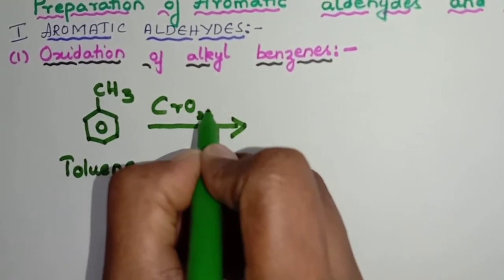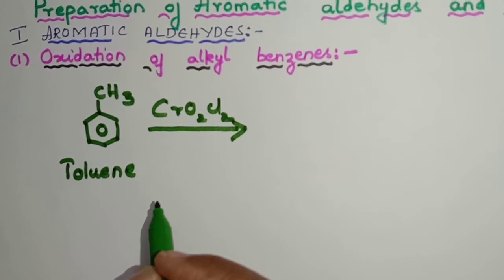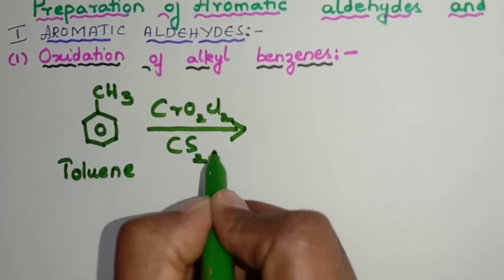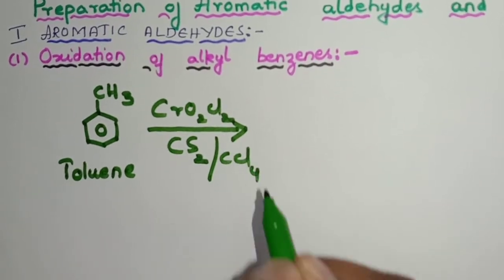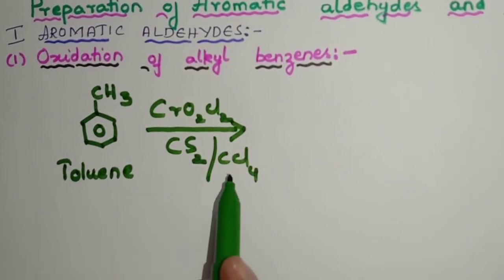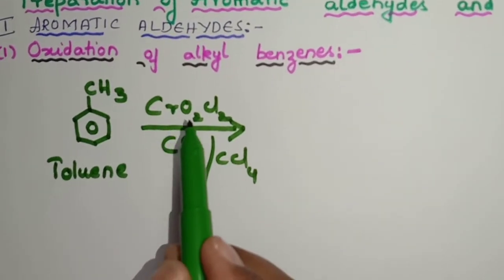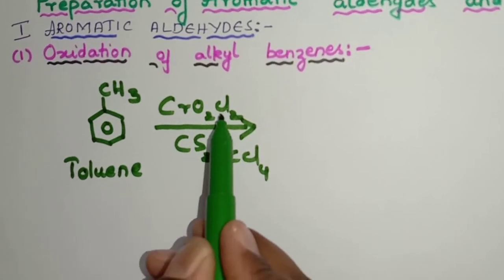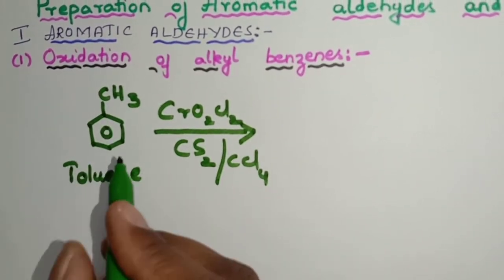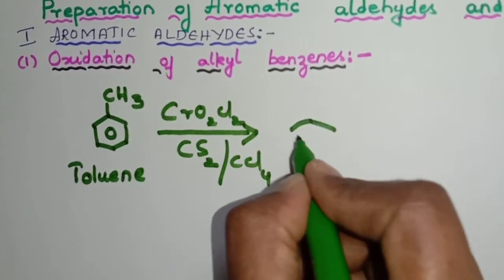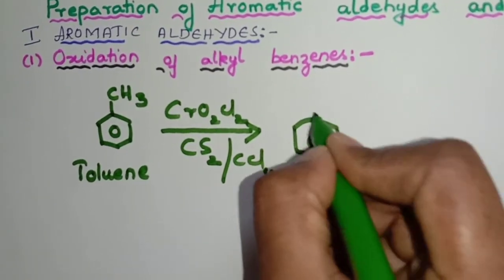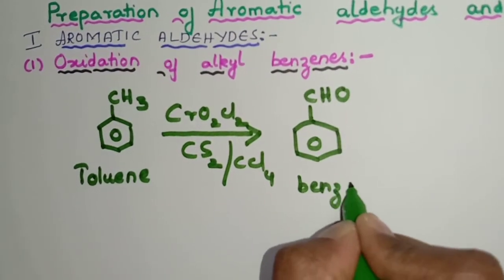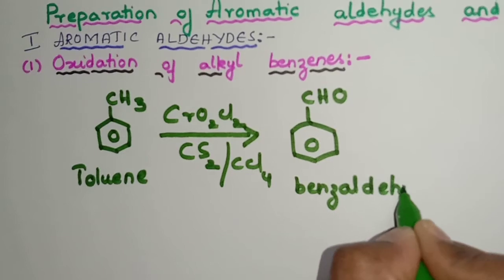This on oxidation with CrO2Cl2, called chromyl chloride, in the presence of carbon disulfide or carbon tetrachloride, which are used as solvents. So this is the oxidizing agent. On oxidation with CrO2Cl2, toluene or methyl benzene gets oxidized into C6H5CHO, which is called benzaldehyde.